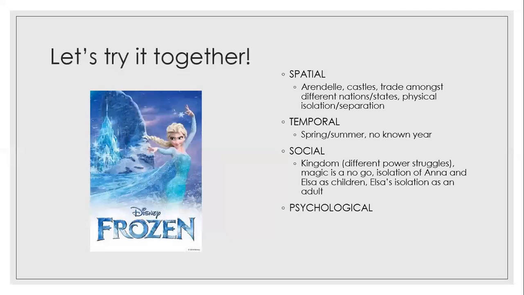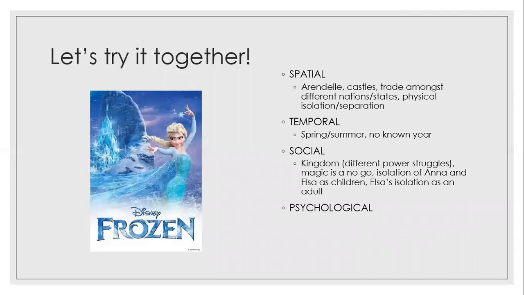So social setting, this is a kingdom. Elsa is queen, so there are different power struggles. There's the power struggle between the royalty and the citizens, where Elsa is queen and she and her sister have been living as royals within this castle for however many years, but all these citizens have had their own struggles.